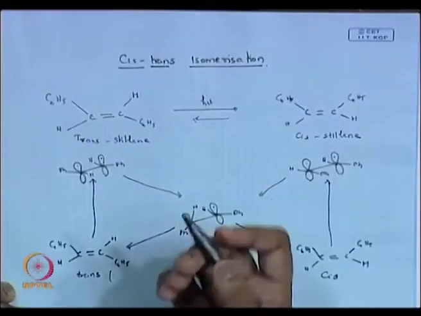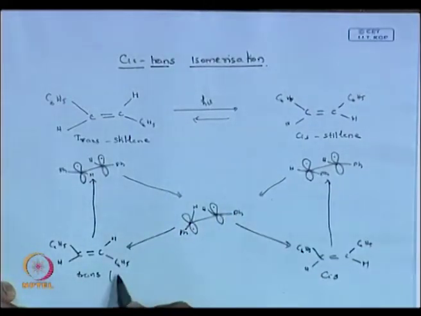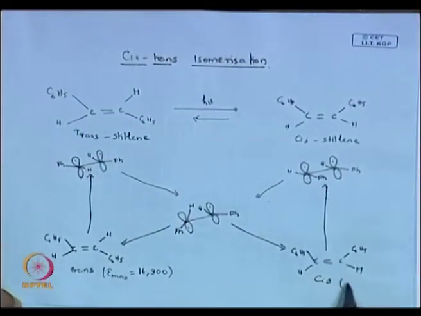That means basically the molar absorption coefficient, that is your epsilon, which is very important. That tells you how much a molecule can absorb, which you have studied in your UV. Your epsilon max for trans is around 16,300. But the epsilon max of cis is around 2,880.